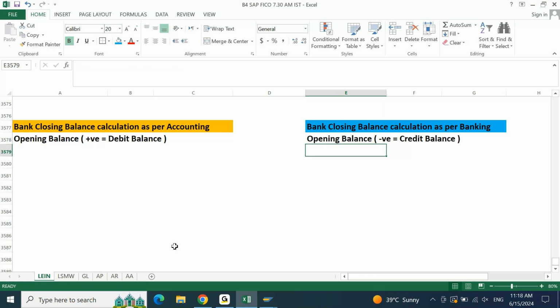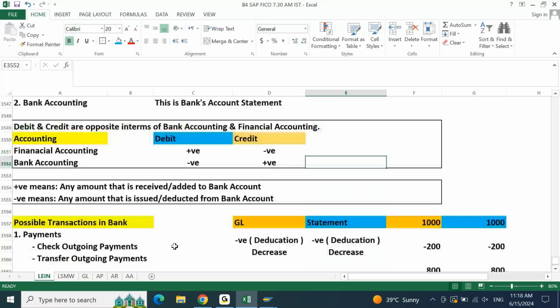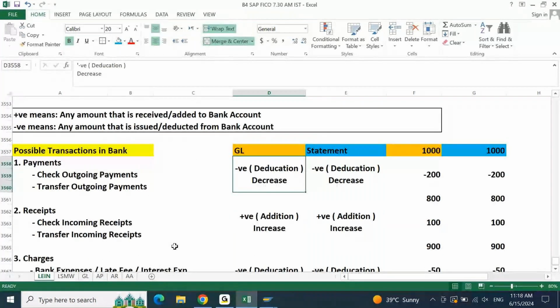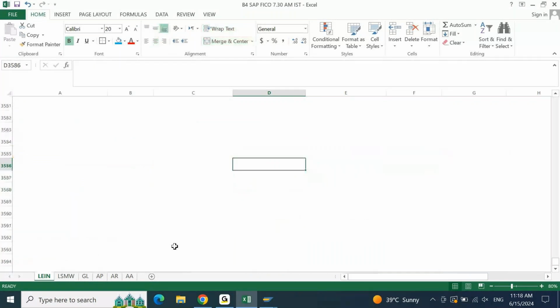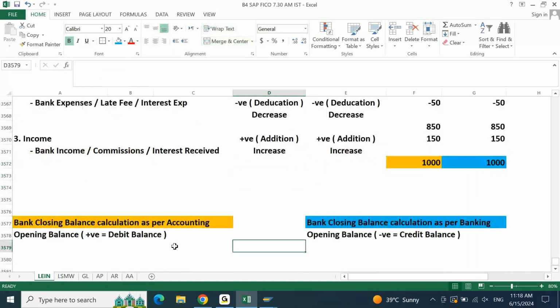Now you have to come and look at this here. Here you are not talking about opening or closing balance. Here you are talking about individual transactions. And down below, what I am writing is not an individual transaction. Down below I am writing the opening balance. Opening balance is the 1000 available balance.